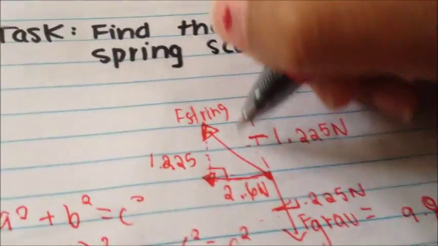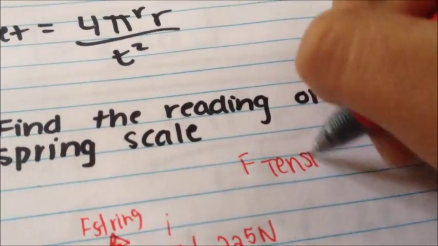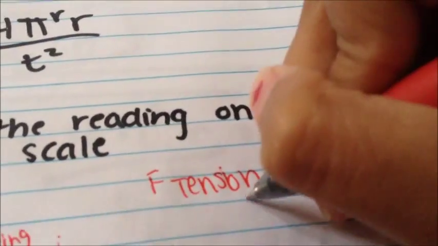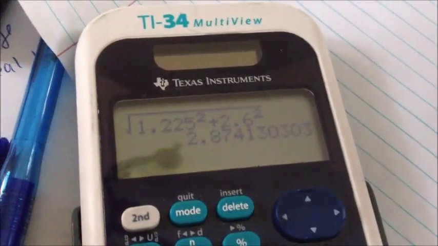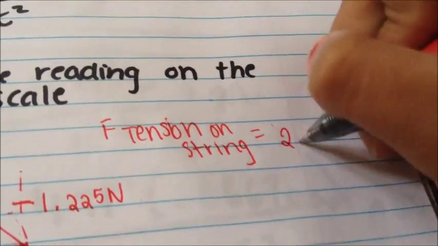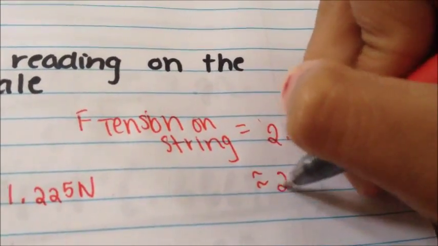So we found C, which is F string or F tension. F tension on the string is equal to 2.87, almost 2.9.